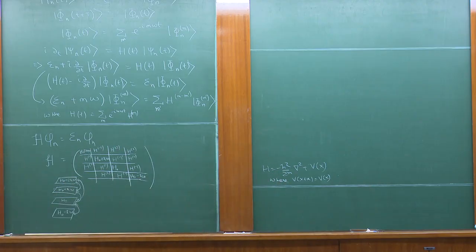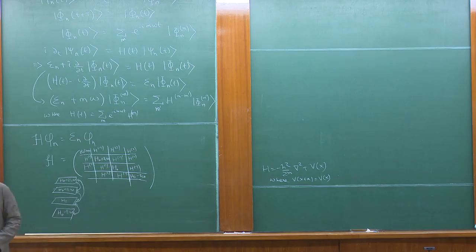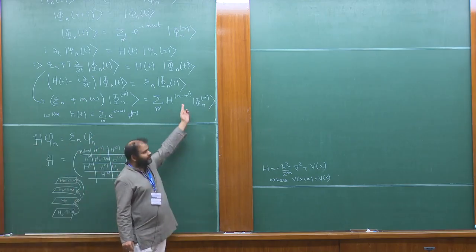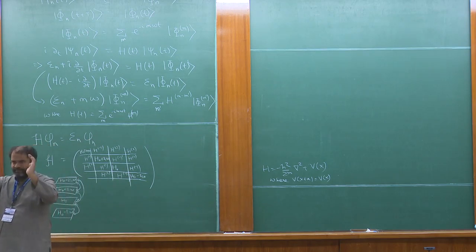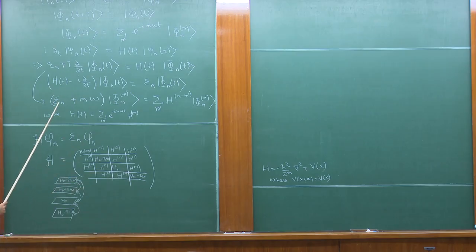Yes. H1 is the H0 plus omega, H2 is the H0 plus omega. So what H1 and H2 are doing is these are off diagonal components, H of m minus m prime. If I read it off from here, you have En plus m omega. So these are diagonal precisely.